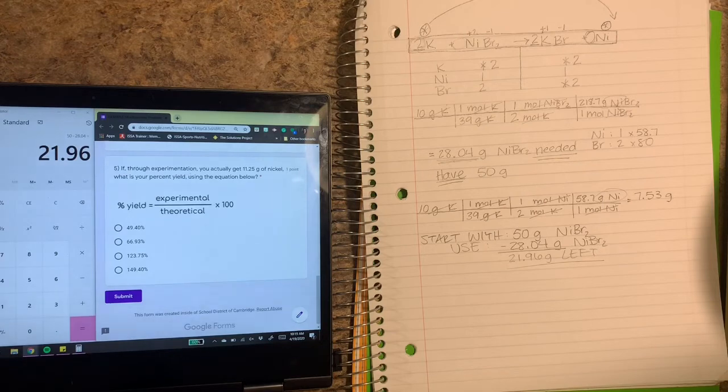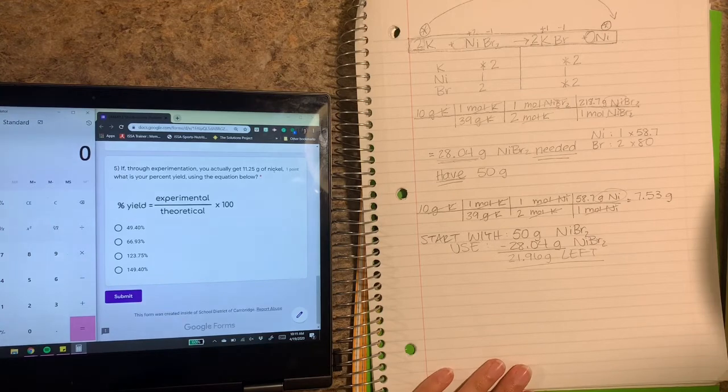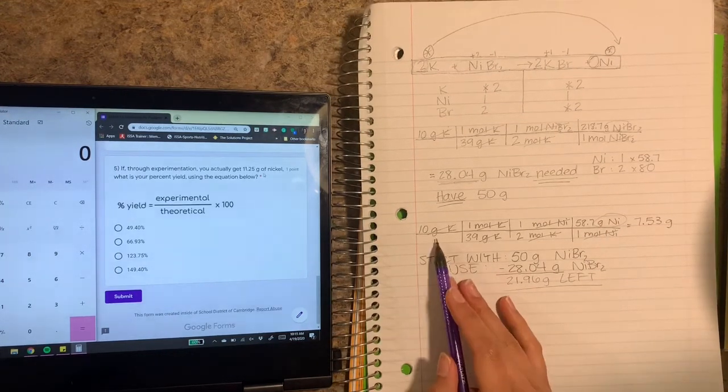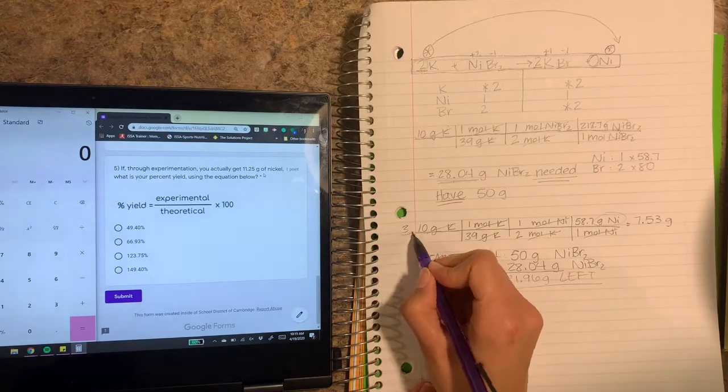Number 5, we are working with percent yield, which again is new. So it's asking if through experimentation you actually get 11.25 grams of nickel, what is your percent yield using this equation below? So we calculated how much nickel we are supposed to get up here, this was number 3.